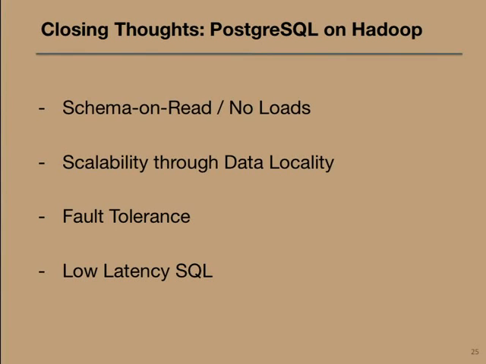Another core benefit is that since we're building on top of a horizontally scalable file system and leveraging the key principle that makes it scalable, data locality, we're able to maintain those same characteristics. The same goes for fault tolerance.